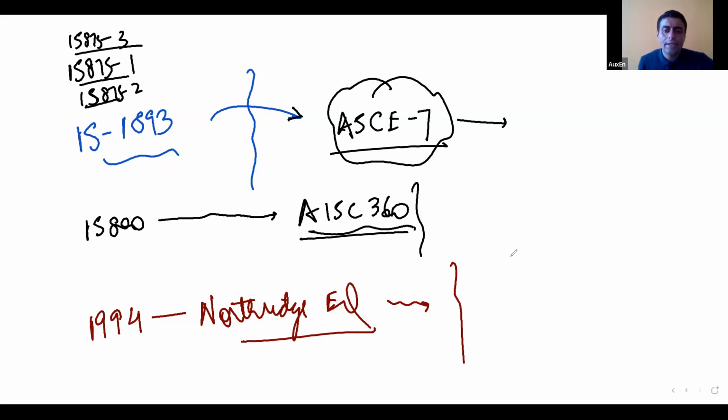So in the year 1994, after the Northridge earthquake, there was a lot of churn in the steel industry and a lot of rethinking, because a lot of steel structures did not perform as per expectation.